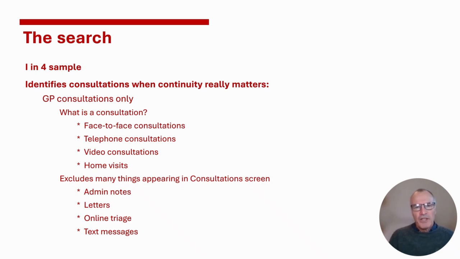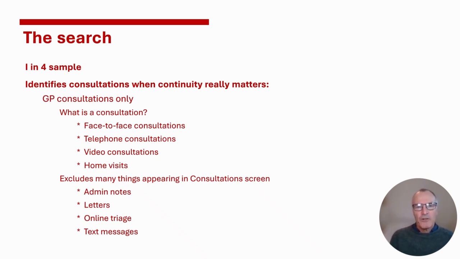But what do you include in the measure? This is really key, and it's a key part of the process. We decided that you need to identify consultations where continuity really matters. Because if you extract what appear to be consultations from the GP records, it includes many things that aren't actually consultations but appear on the consultation screen.